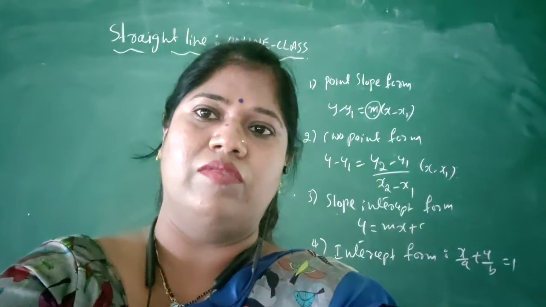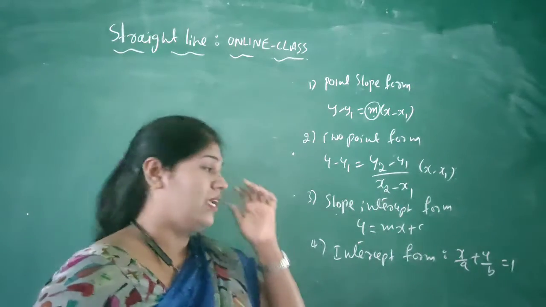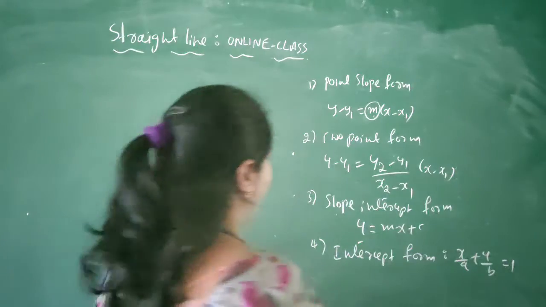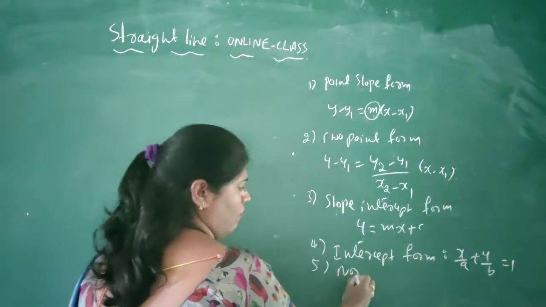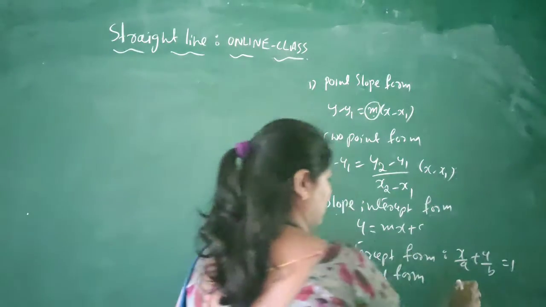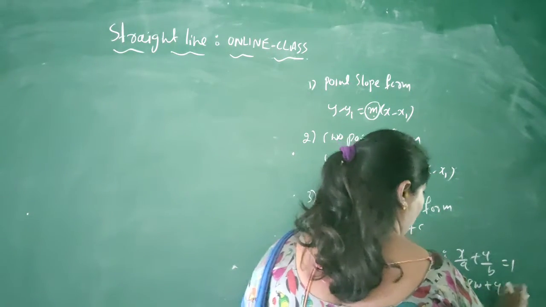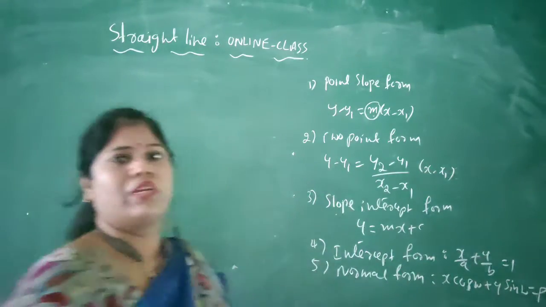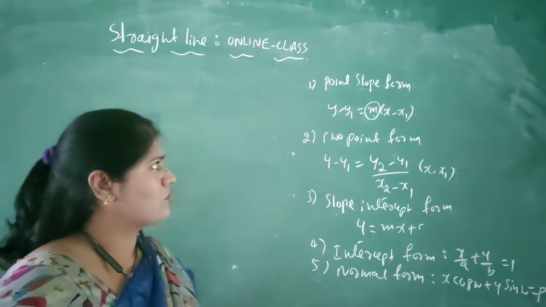Our intercept form is x by a plus y by b equals 1. And the last one is normal form. Normal form is x cos w plus y sin w equals p.